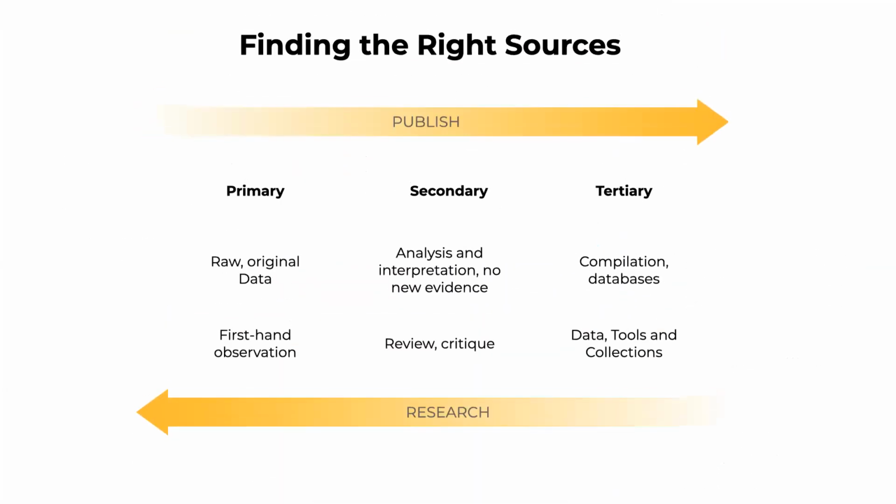Now, the second part or stage in this process is to find the right sources. And there are three types of data sources. There are primary sources, which is when somebody generated raw and original data from their first-hand observation.